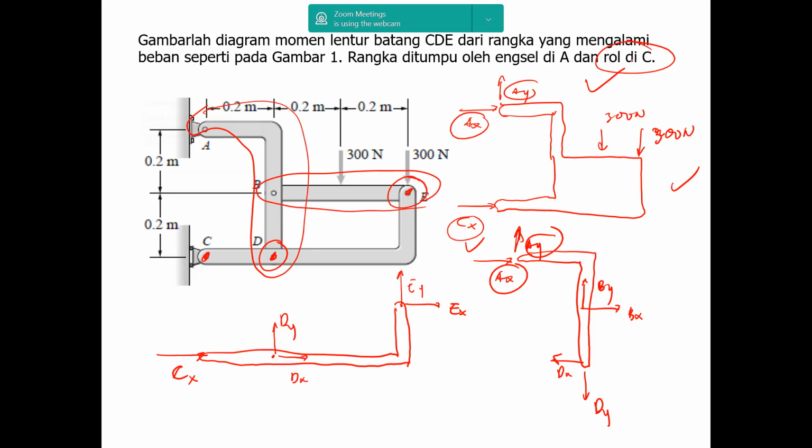Now we take a look at member BE. For member BE, there will be Px, Py, like this, then Ex, Ey, and then there is a 300 Newton load.